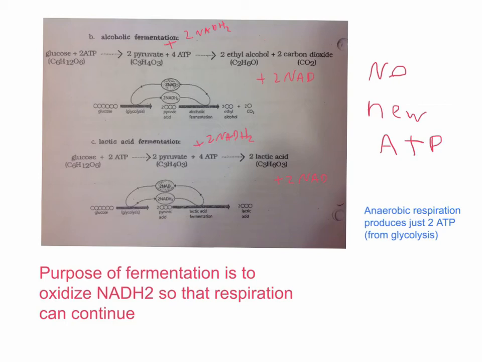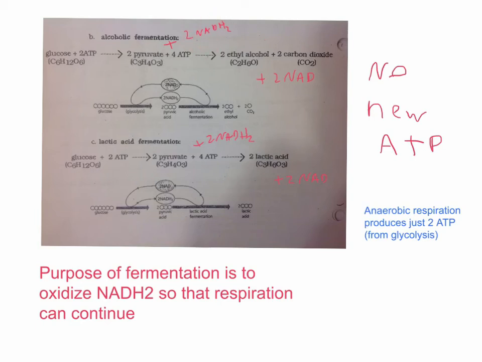For alcoholic fermentation, you can see that you use your glucose, and you use 2 ATP. This part is glycolysis up to here. This is what you get from glycolysis. I would add in you get 2 NADH2s. Sometimes that's not shown because it's a coenzyme, but for our intents and purposes, I would show it because it's important. So I would add plus 2 NADH2s.